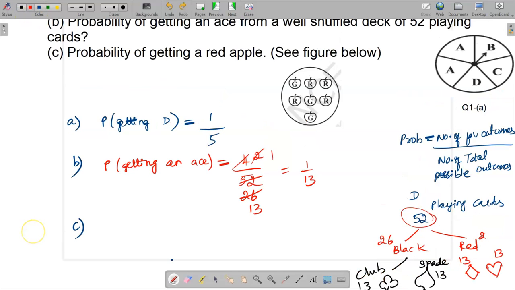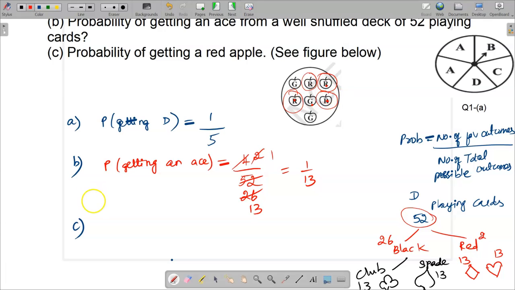And then under the third question, option C is the probability of getting a red apple. So we have to see this figure. The probability is nothing but the number of favorable outcomes by the total number of possible outcomes. So out of these 1, 2, 3, 4, 5, 6, 7 possible outcomes, what is the probability of getting a red apple? 1, 2, 3, 4 apples are available.